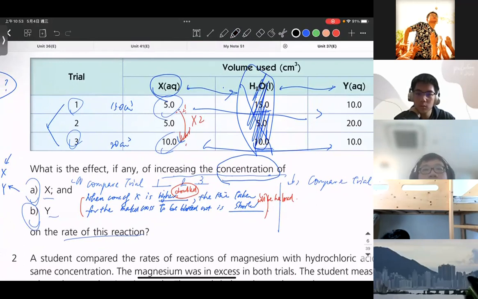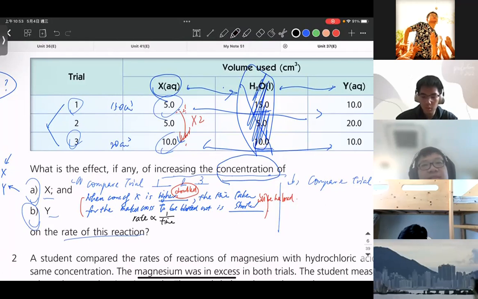Can you please continue? The rate is higher if the time taken is shorter. So what is the mathematical relationship? Rate is proportional to 1 over time. So what is meant by rate proportional to 1 over time?